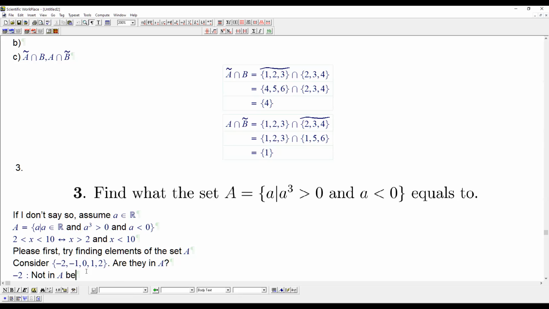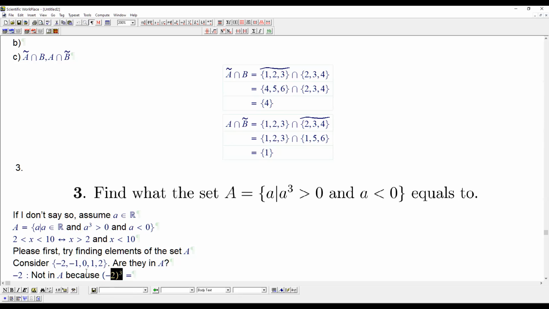So -2 cube equals minus... Yes, good. Jadbara found it. Good.